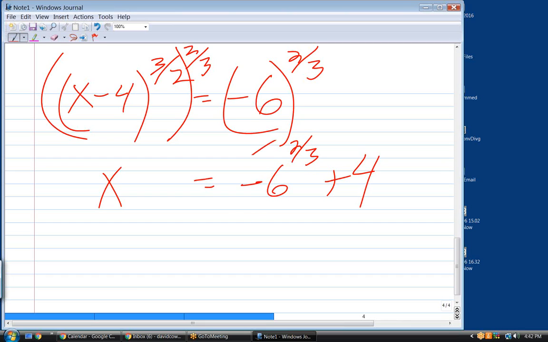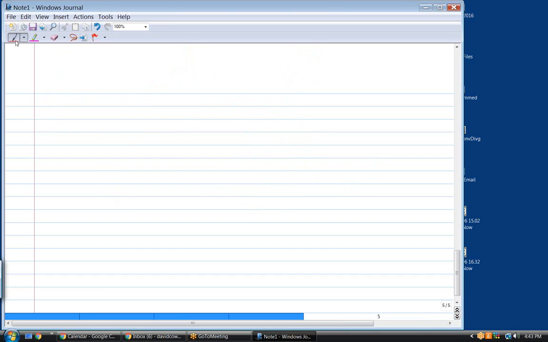But you got to be a little careful when you do something like that. You got to be really careful. In fact, if you do a little research, you'll find something that says you cannot take a negative number to a fractional exponent. Why would that give you an imaginary number?